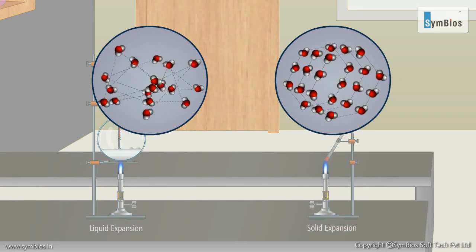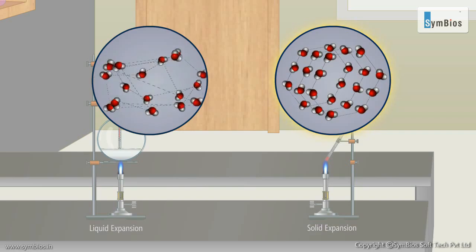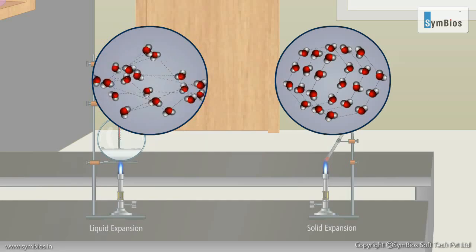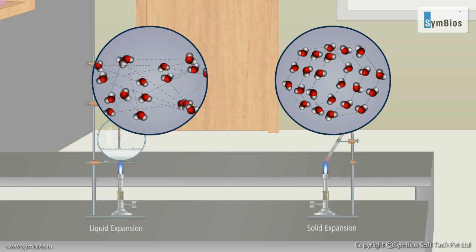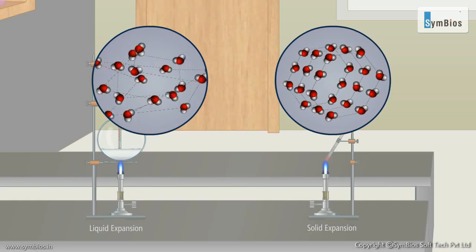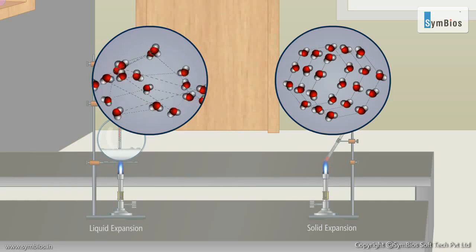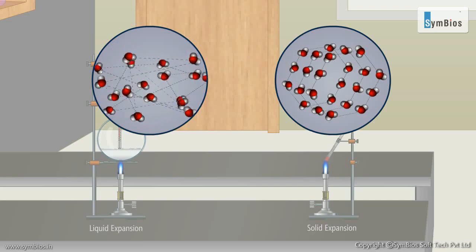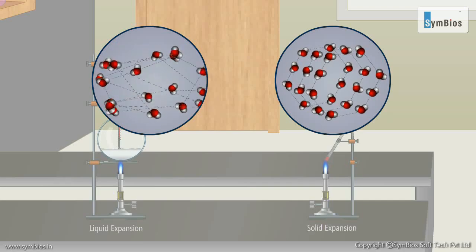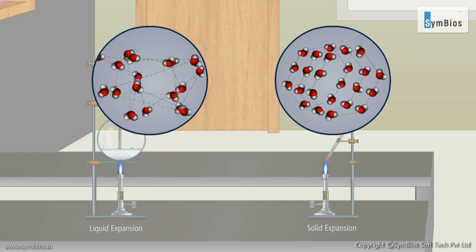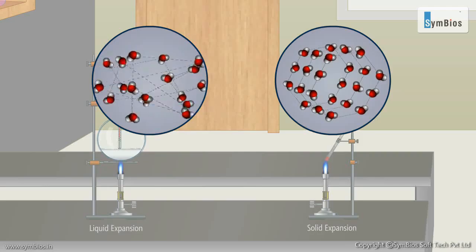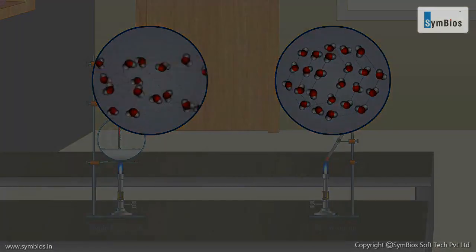The bonding of molecules in solids is more rigid compared to that in liquids, because of which liquid molecules move freely and rapidly, thereby achieving faster expansion than solids. The intermolecular distances after molecular collisions are greater than those in solids, and thus liquids show more expansion than solids for the same change in temperature.